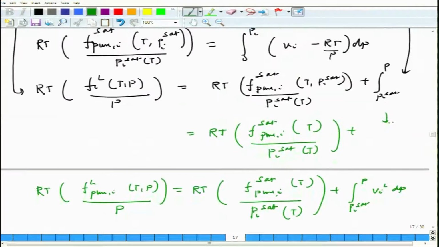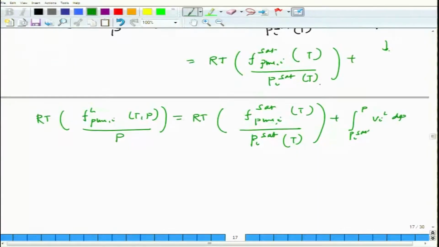This is the first part of this, minus of P_i P.